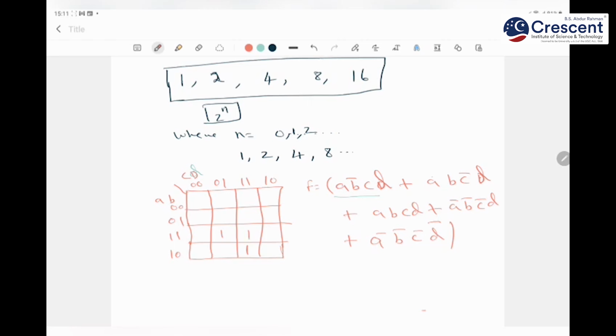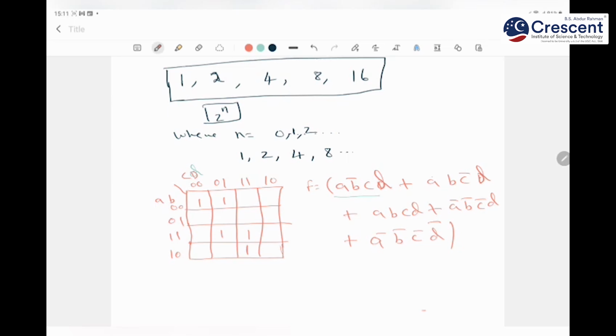Then A bar B bar C bar D, then A bar B bar C bar D bar. So something like this it will be getting plotted.